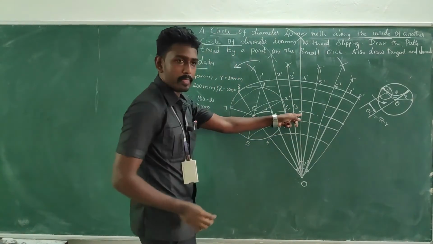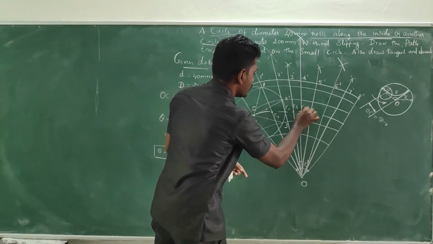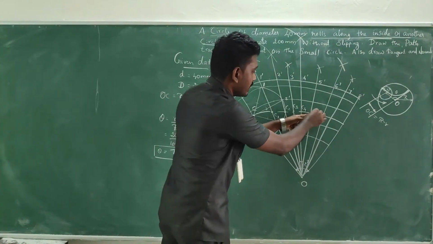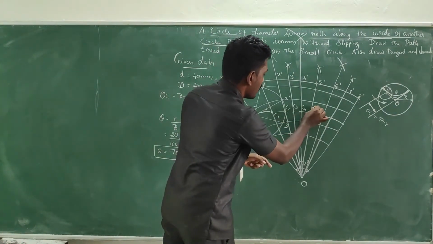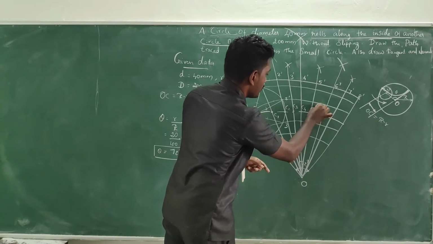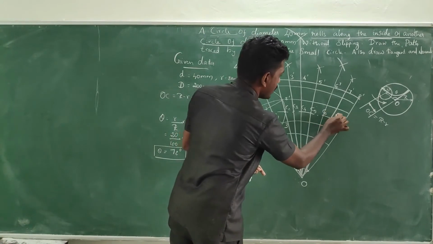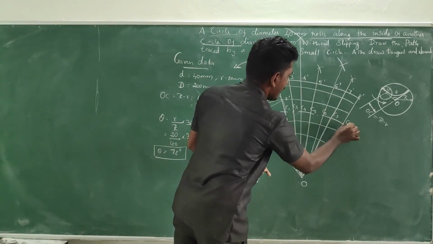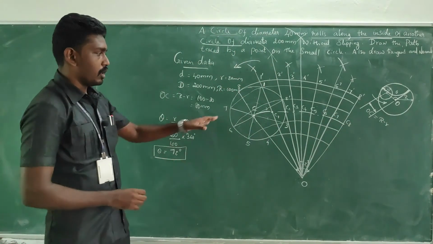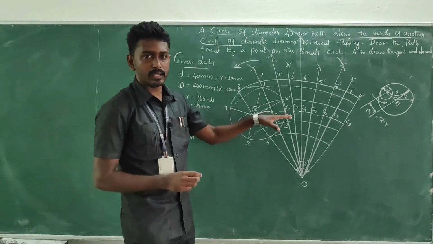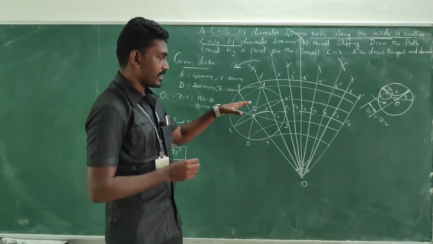So this is C3, and here you can see C4, and here you can see the intersection with the locus of center, this would be your fifth, C5, and next here is C6, and here C7, and here C8. Okay, almost all the construction work has been completed.